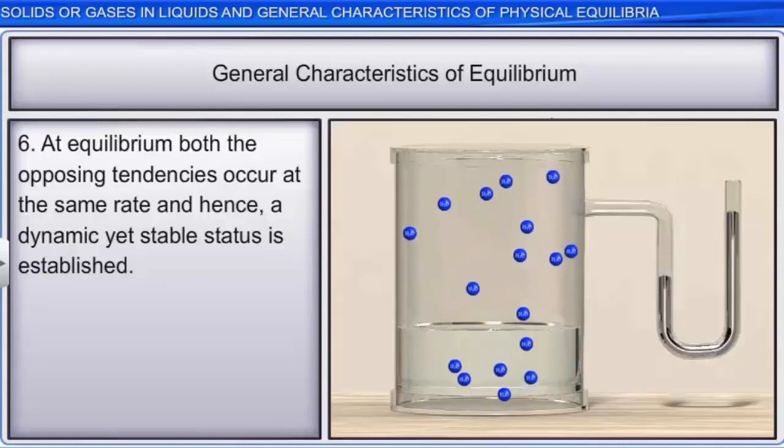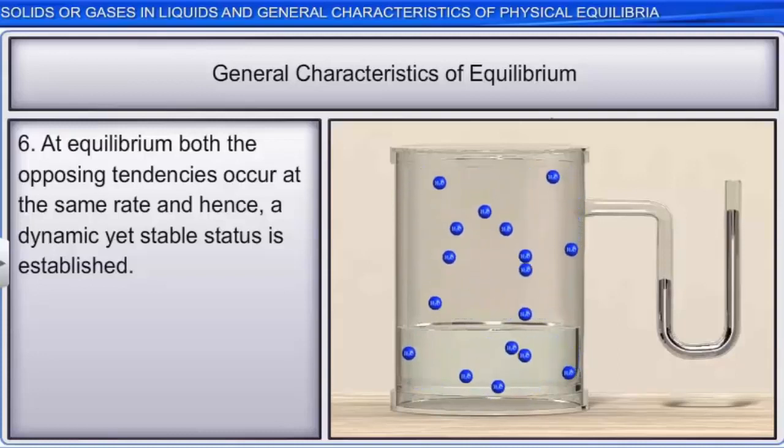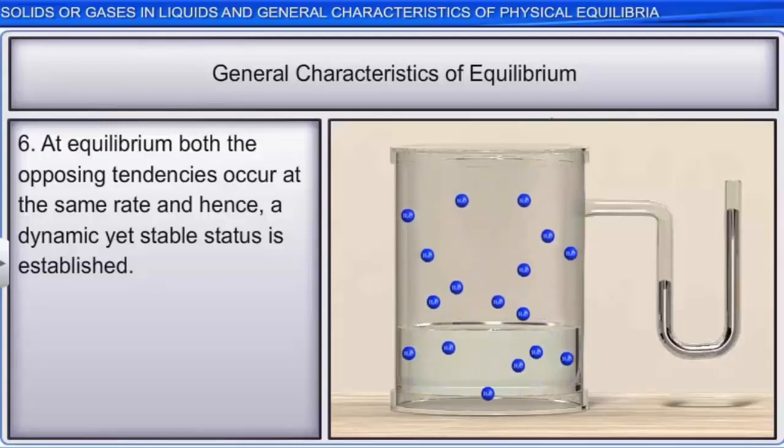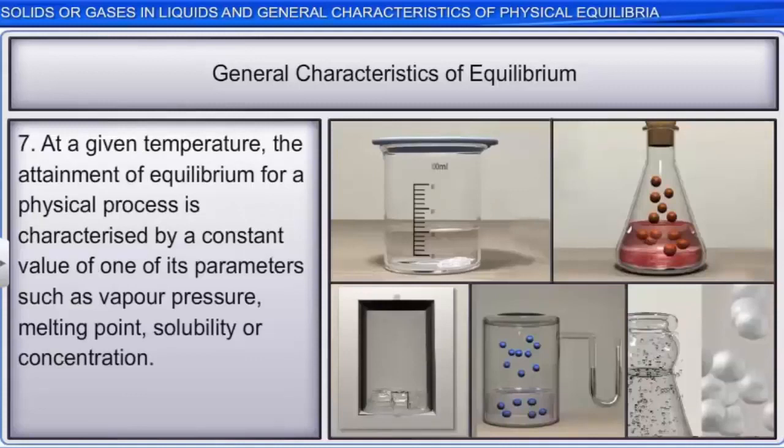At a given temperature, the attainment of equilibrium for a physical process is characterized by a constant value of one of its parameters, such as vapor pressure, melting point, solubility or concentration.